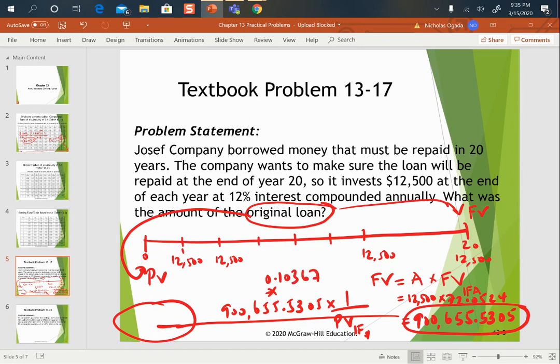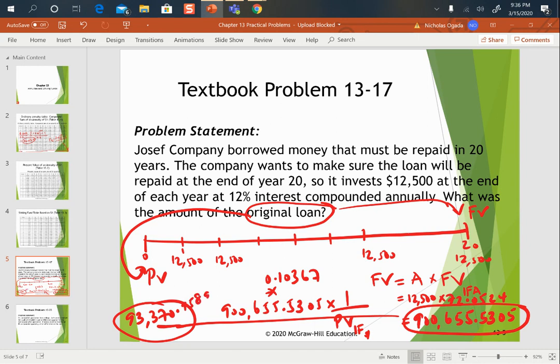So you take 900,000 times 0.10367. Now, if you multiply that with 900,655.5305, what you end up getting is a value of 93,370.9589.